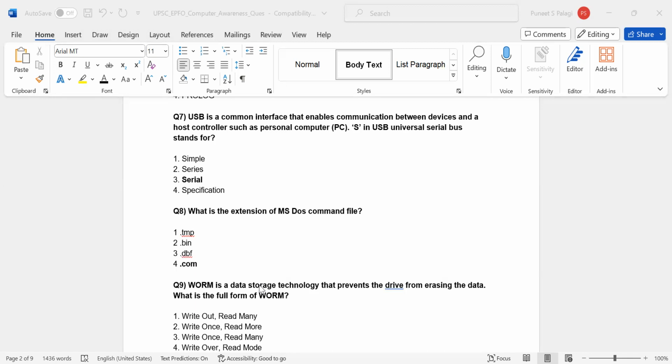DOS commands are the instructions that allow Windows users to conduct tasks on files and folders. A file is a container for a collection of data. So DOS commands have the extension .com.